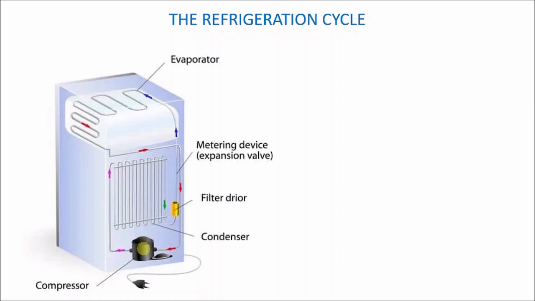Then the refrigerant will travel outside of the compressor into these coils, if I may call them coils. Again, if you want, you could stand up and go look at your fridge and look behind it. You will see these coils at the back of the fridge.